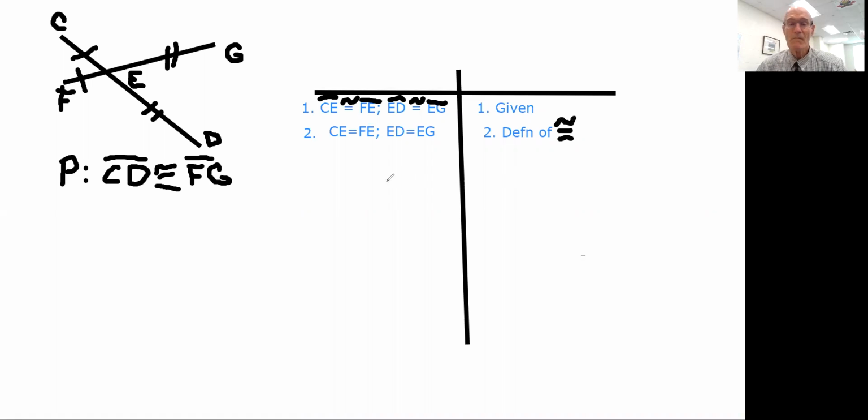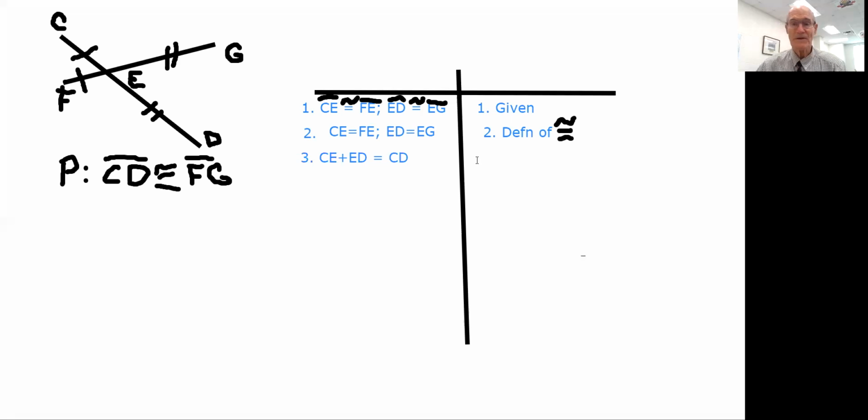Now, the next thing we look at is where we're going. And we can say with our segment addition postulate here, CE plus ED is equal to CD.